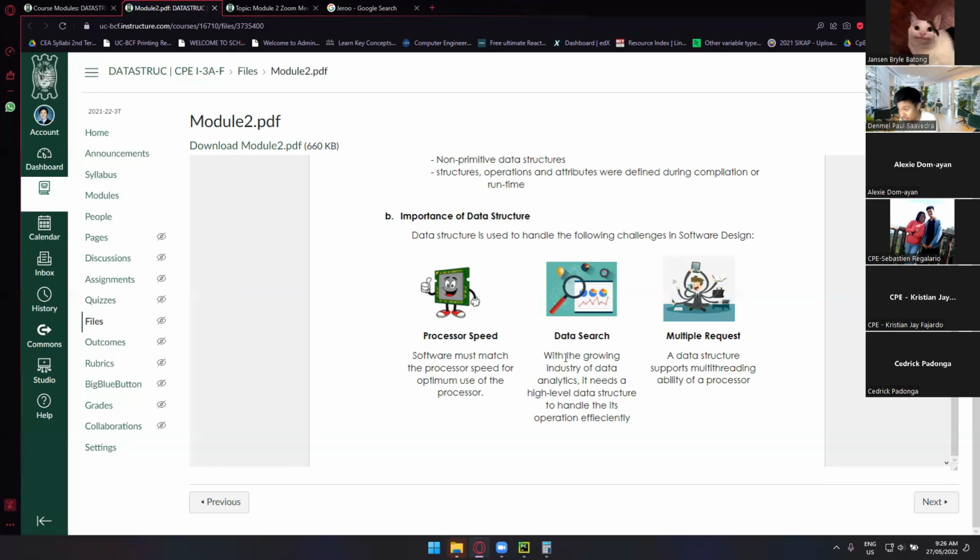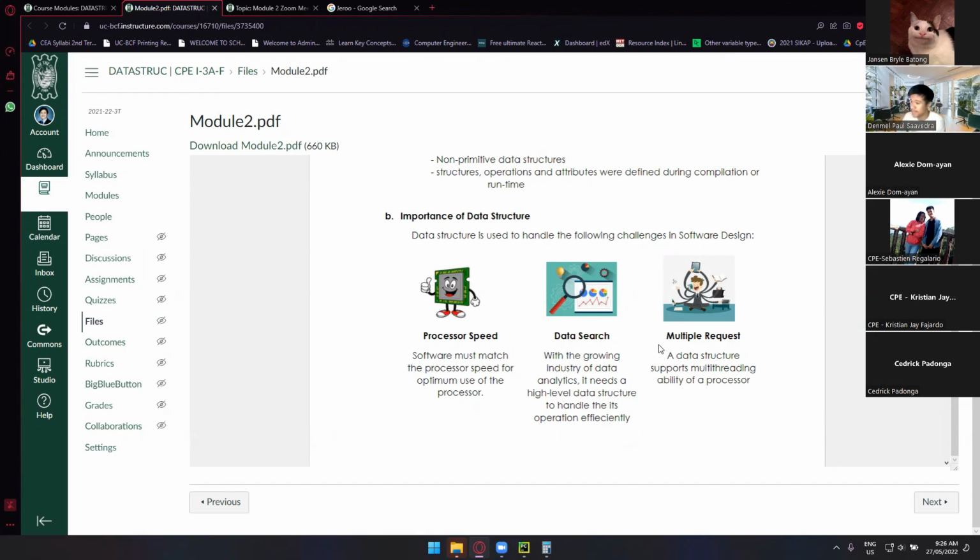Second one is data search. With the growing industry of data analytics, it needs a high-level data structure to handle its operations efficiently. I think this is very straightforward. And then the last one is multiple requests. A data structure supports the multi-threading ability of the processor.